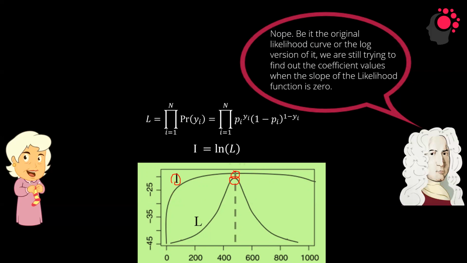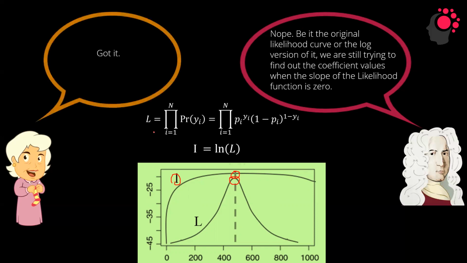To make our calculations easy, we have approximated by applying log, but that doesn't deviate from the original intention, which is to find the coefficients that result in the maximum likelihood value. We just need to find what combination of coefficient values actually results in hitting that point that I just circled in red here. So we're good with maximizing log likelihood.